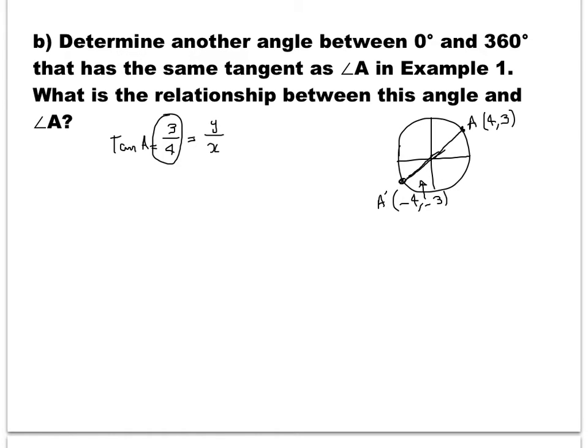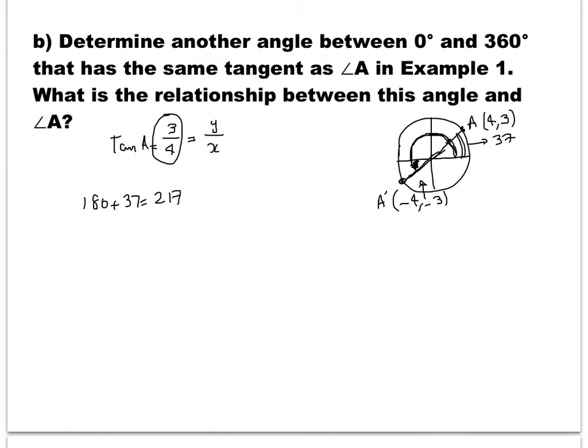The angle that we have to find is this angle here. This is the angle we have to find. We know that this angle is going to be 37 degrees. So our new angle is going to be 180 plus 37, which is 217, which is this angle here.